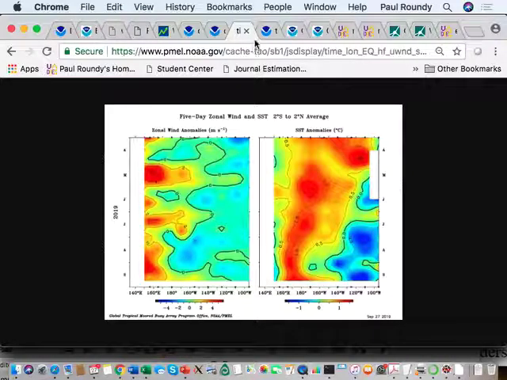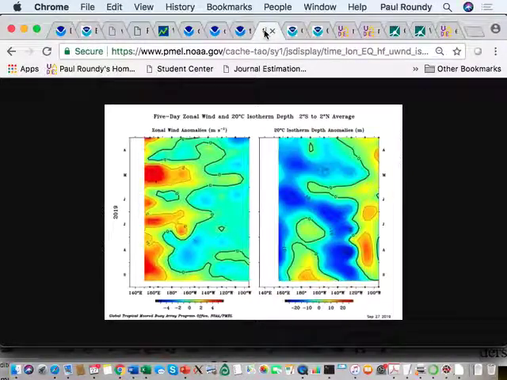And we want to now look at it in terms of the temperature, 20-degree isotherm depth. So the 20-degree isotherm is a great proxy in the tropics for the depth of the thermocline. So we're saying that roughly the thermocline here is about 15 meters anomalously deep.